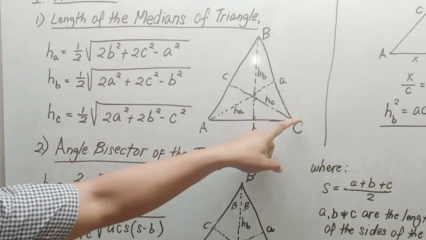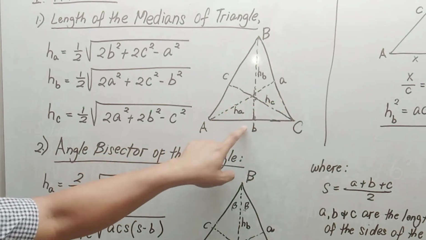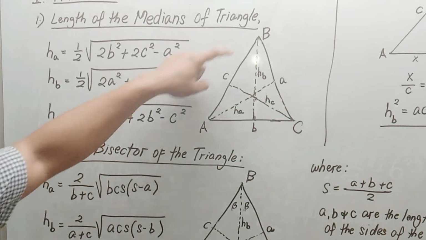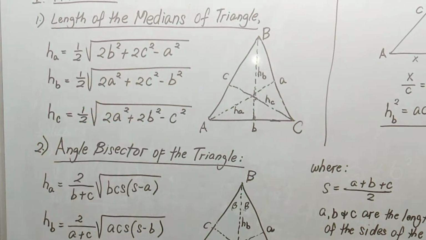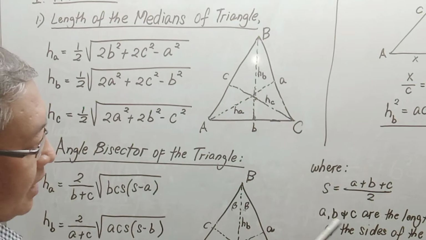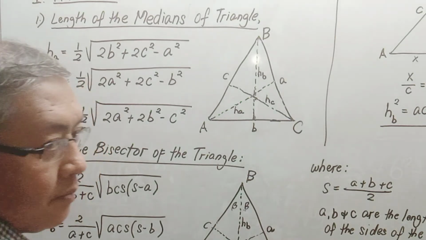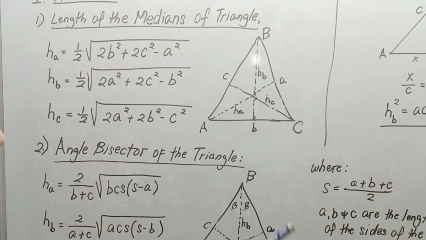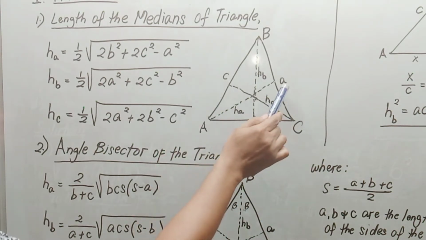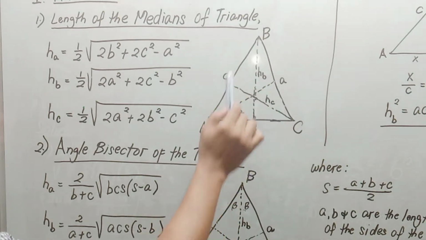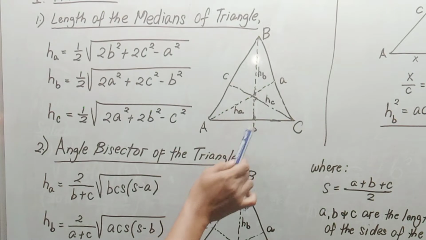This side is the a, the second is small b, and the third one is the small c side, where a, b, and c are the lengths of the sides of the triangle. Please don't confuse, we are using the small letter variables for the three sides of a triangle in this formula: a, b, and c.